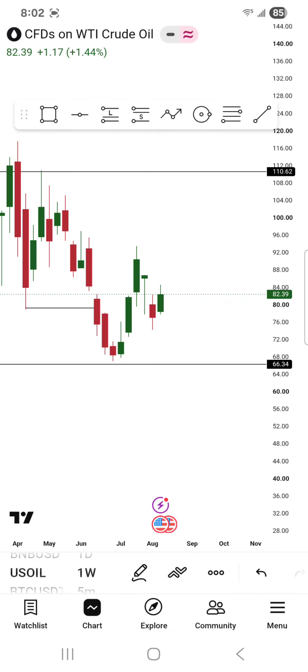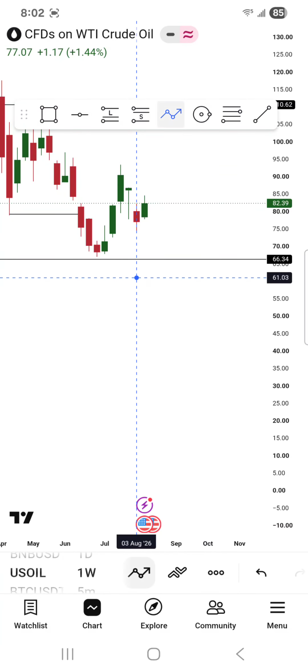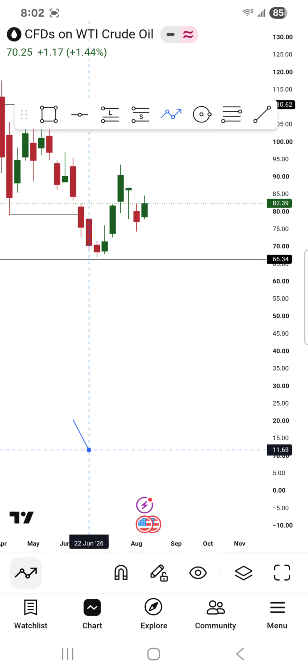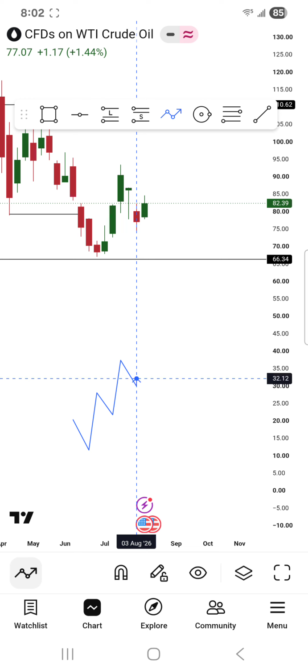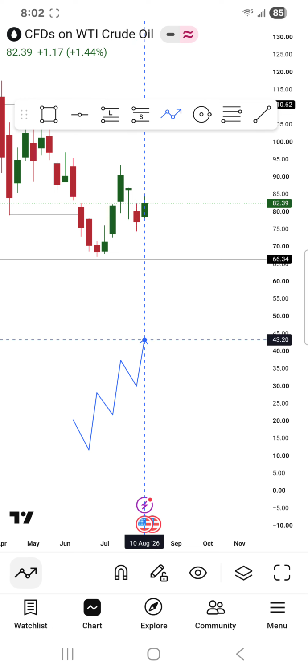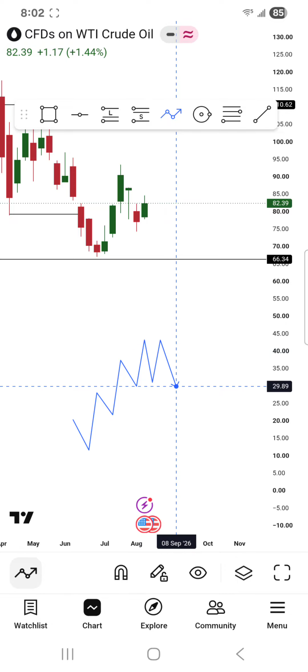Your bias is simply knowing if the market is bullish or bearish. We don't trade a ranging market. This is what I mean by bullish: when we are able to spot a series of break of structure to the upside, then we can say we are bullish.